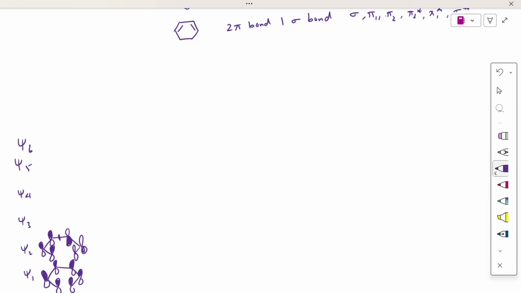So there will be no electron overlap. At the nodes the electrons will not overlap with each other. The probability of finding the electrons is 0.